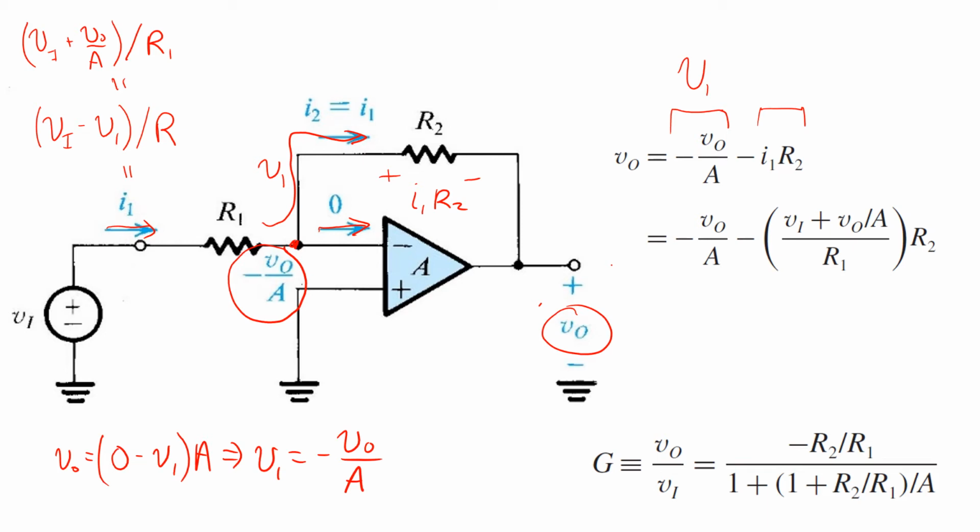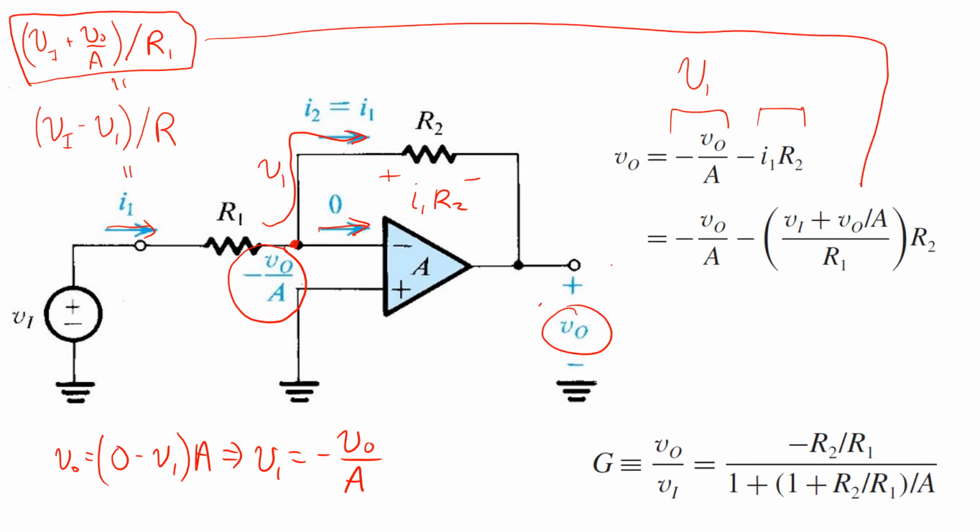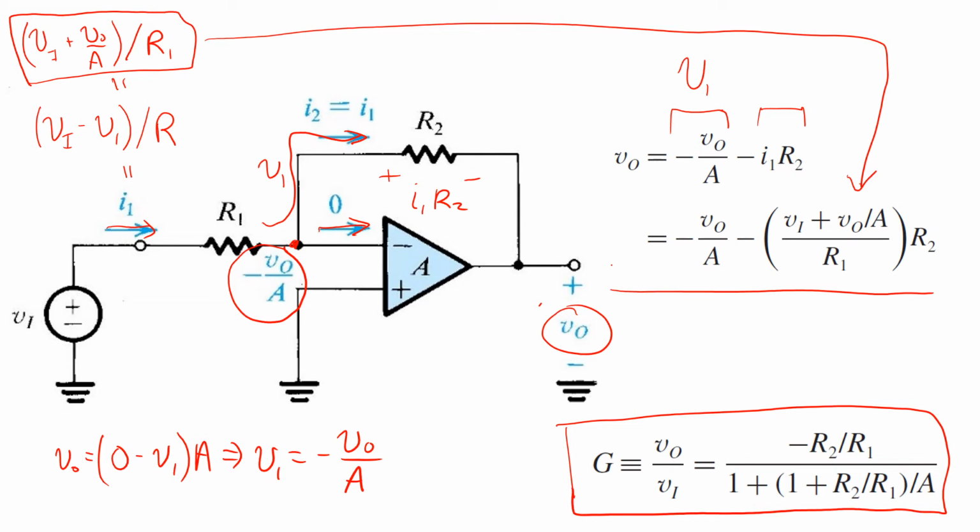Substituting in what we know about I1 into this expression, we can obtain an expression that relates VO and VI in terms of the op-amp finite gain A and the resistors R1 and R2. Rearranging this expression gives us the closed loop gain G of the inverting configuration with a finite op-amp gain A.